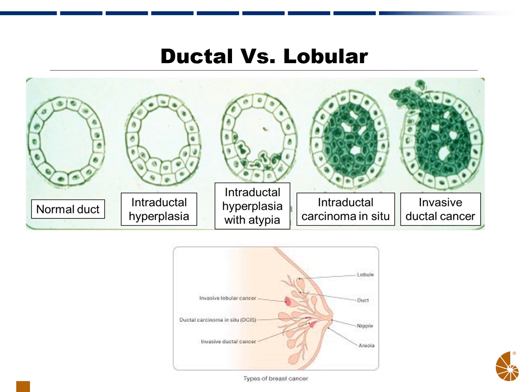It's within the lining of the duct, so we call it in situ. It hasn't invaded. But then the picture to the far right at the top shows what happens when the cells actually invade through the duct, and that's called invasive ductal cancer.